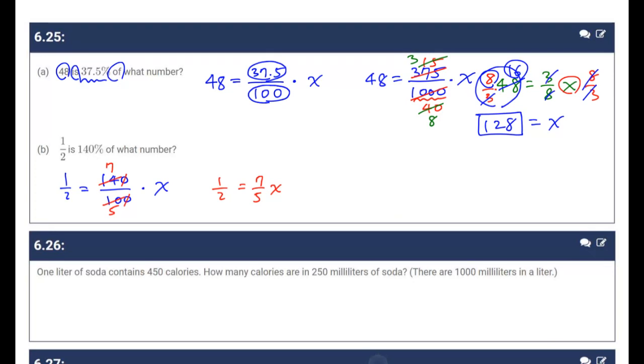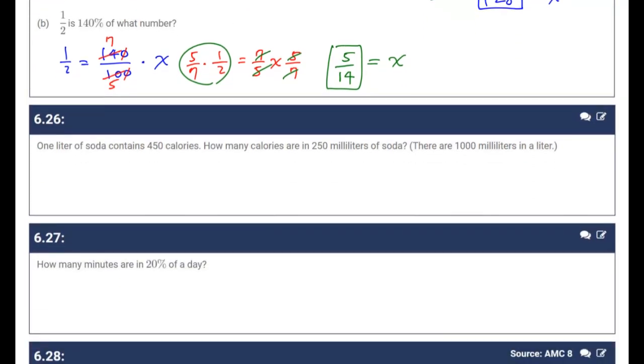So if I multiply by reciprocal 5 over 7 and same reciprocal 5 over 7, that's gonna get rid of this, leaving x alone, and this does not reduce but multiplies to be 5 over 14, and that's the answer for B.